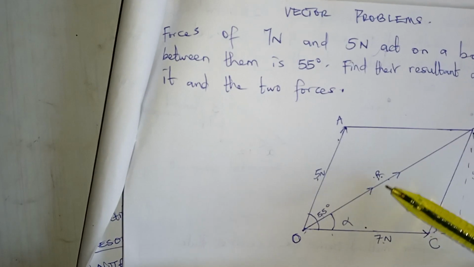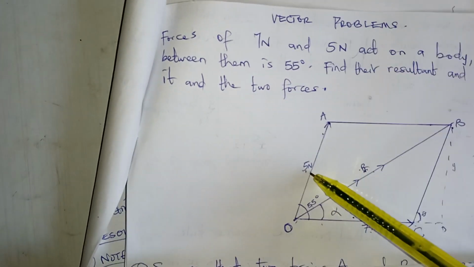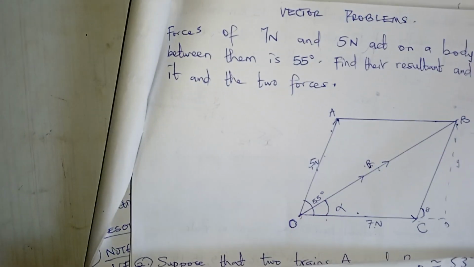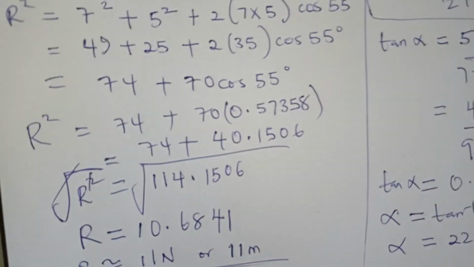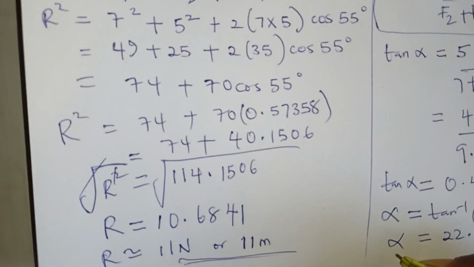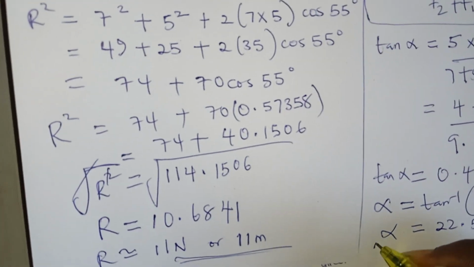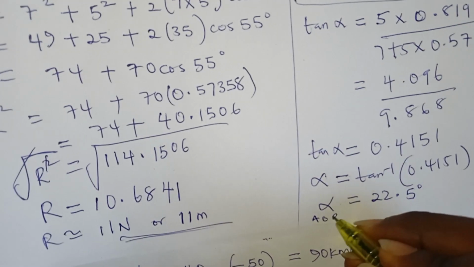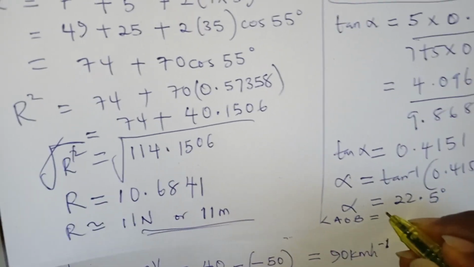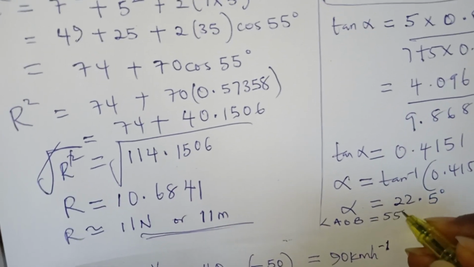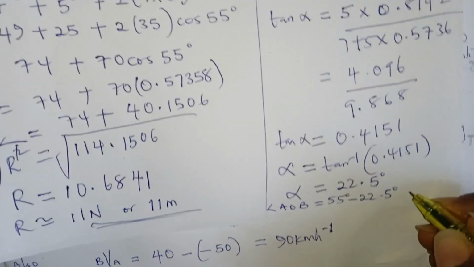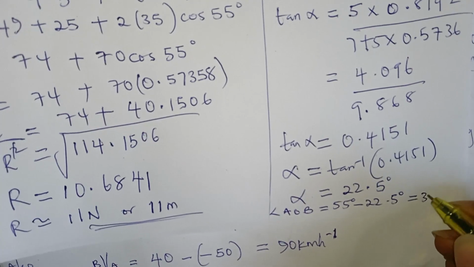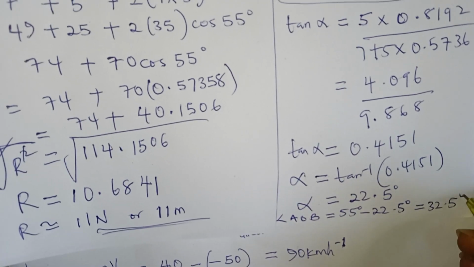So the angle between this one and this one will now be this minus this angle, so that angle AOB is going to be 55 degrees minus 22.5 degrees, which equals 32.5 degrees.